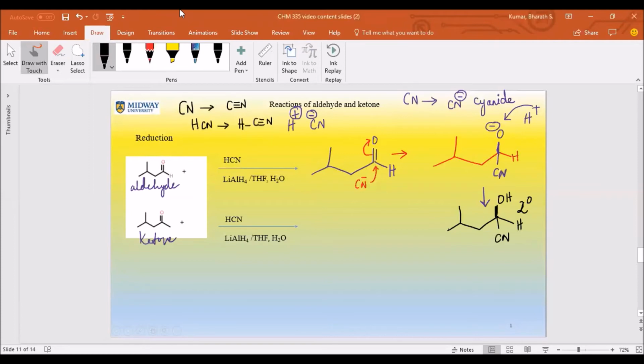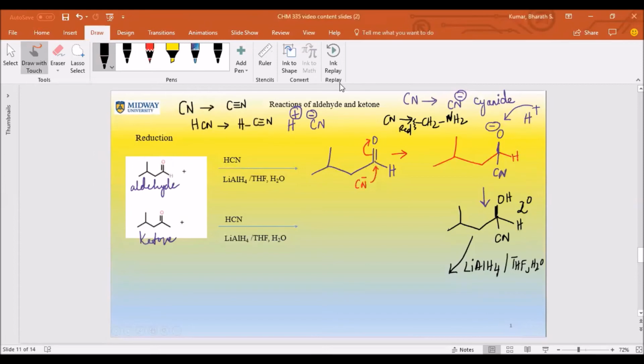We still have to use this. This is going to be constant whether you're starting with an aldehyde or ketone. This step is exactly the same: lithium aluminum hydride, THF, and water. What it's going to do is, when CN is reduced, it always produces this as a byproduct, attached to the ring or the straight chain through the CH2.